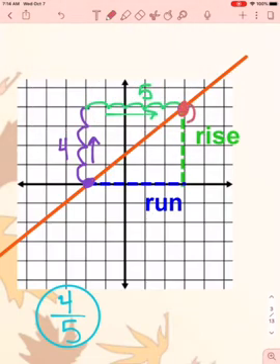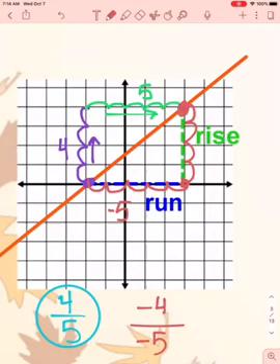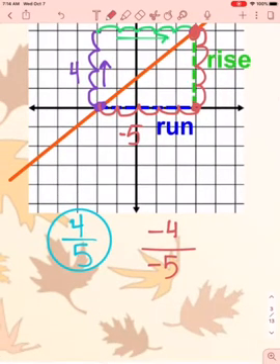If I wanted to start at the other point, I could have done that, absolutely. I could start right here, and my rise, in that case, I would have to move down, 1, 2, 3, 4. Moving down is negative, so I would make that 4 negative. And then my run would go 1, 2, 3, 4, 5 to the left, and the left is also negative. Well, 2 negatives give you a positive, so that slope would still be a positive 4 over 5.